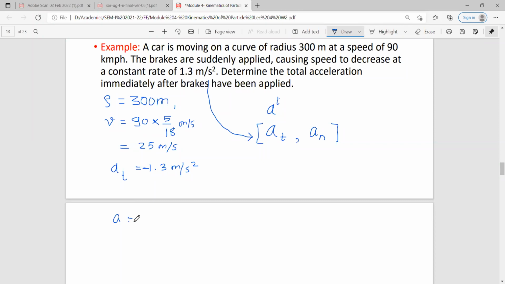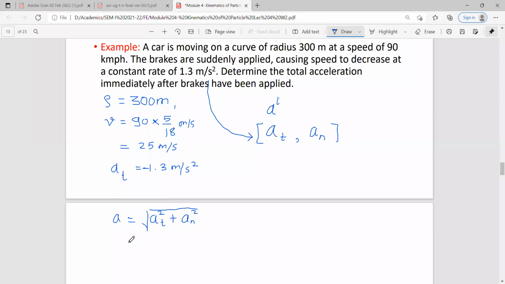If I know the tangential component and normal component, I can find out the total acceleration. Tangential component is given to you. Only thing which you need to calculate now is the normal component of acceleration.